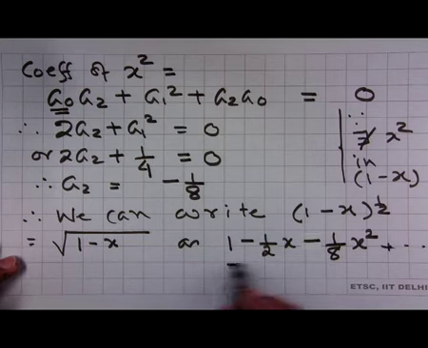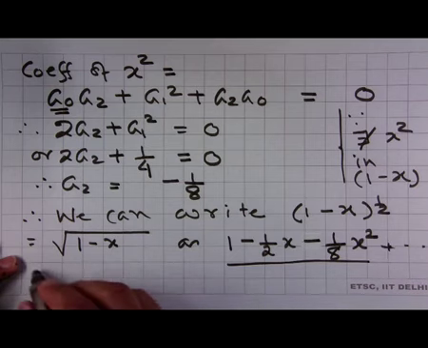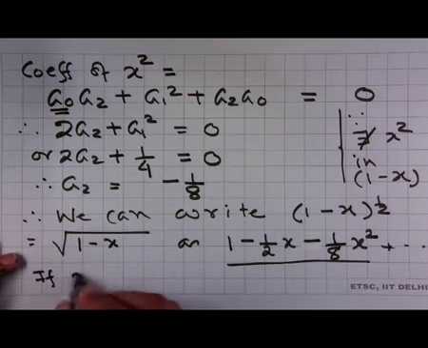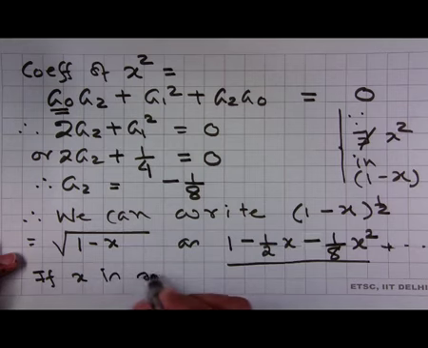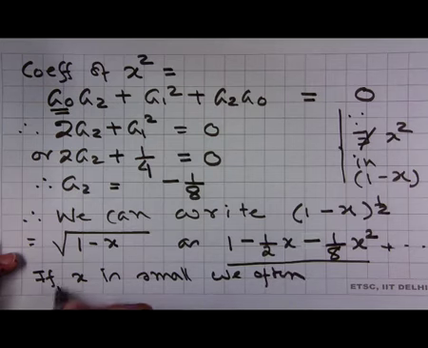We are going only up to the second degree of x, but if x is small, we often ignore higher powers.